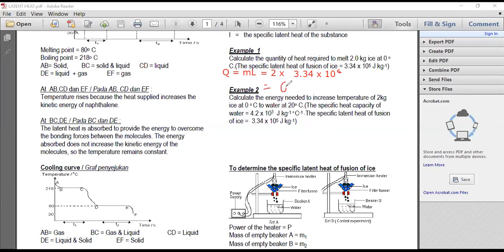So we get 6.68 times 10 to the power of 5 joule. So this is just a basic question.